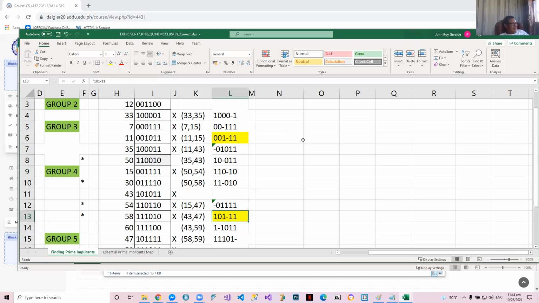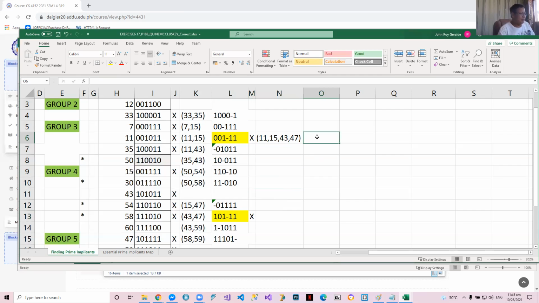Do they follow? Okay. So what can we merge here? We'll have 11, 15, and the other one is 43, 47, right? We'll X this. X this.